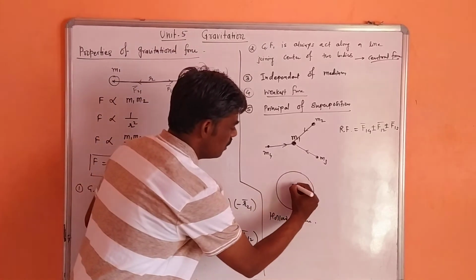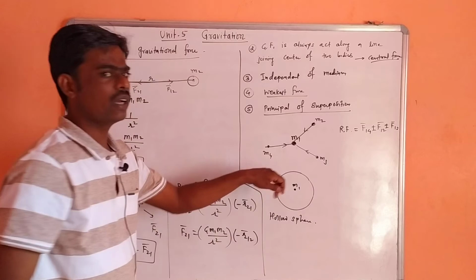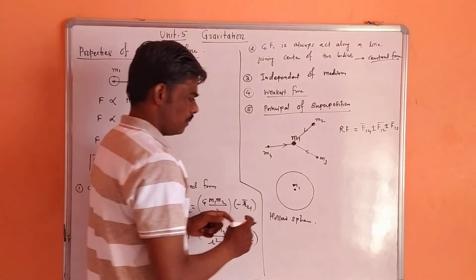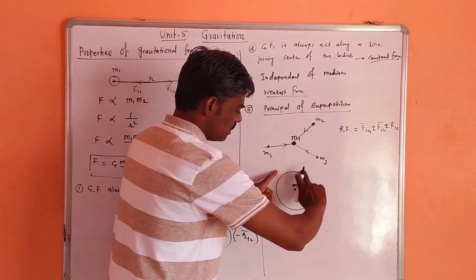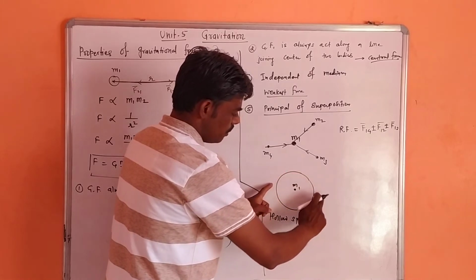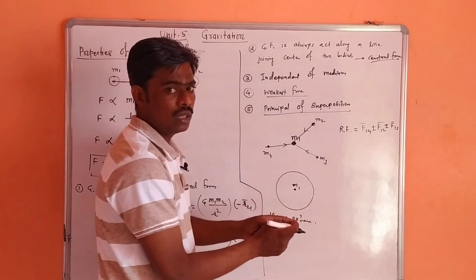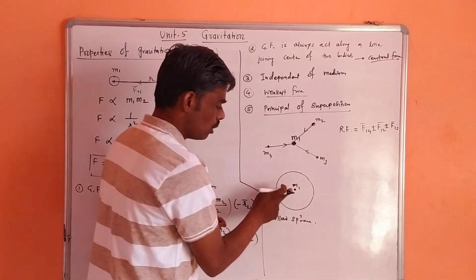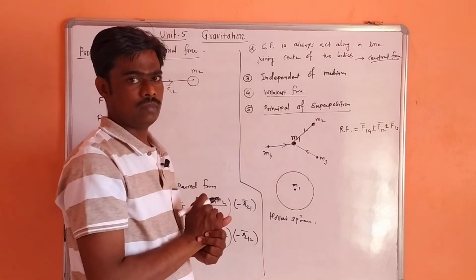Suppose mass m1 is located at the center of the hollow sphere. So what happens? All the masses present on this hollow sphere simultaneously produce the effect of gravitational force on this central mass m1.